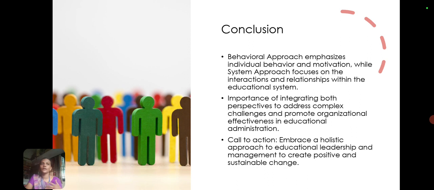So it is important to integrate both perspectives to meet the needs of the learners, or you can just focus on systematic change. We can always embrace a holistic approach by involving these two approaches in your institution, in your educational administration. This may help embrace a holistic approach to educational leadership and create positive and sustainable change.